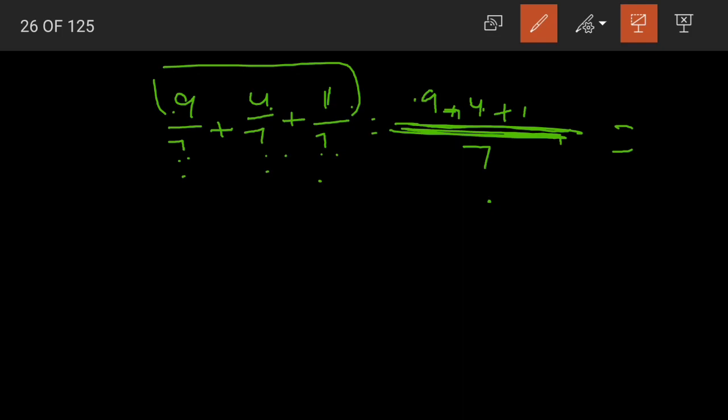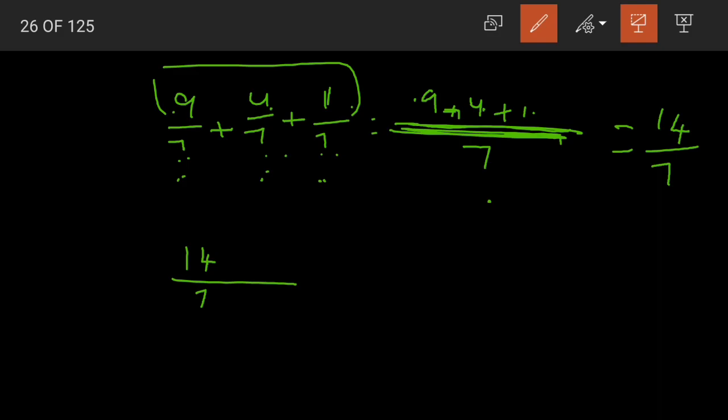Now 9 plus 4 is 13, 13 plus 1 is 14. So 14 divided by 7 is our resultant fraction, the sum of the given three like fractions 9 by 7, 4 by 7 and 1 by 7. If you look at 14 by 7, 14 and 7 have 7 as their HCF, children.